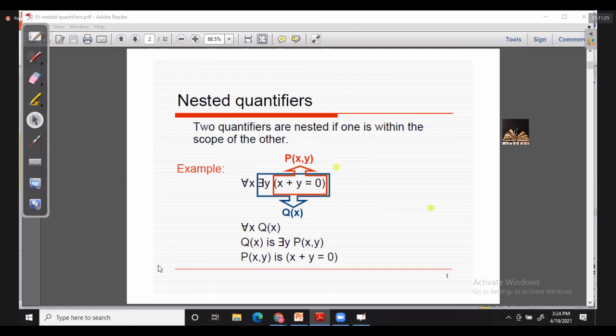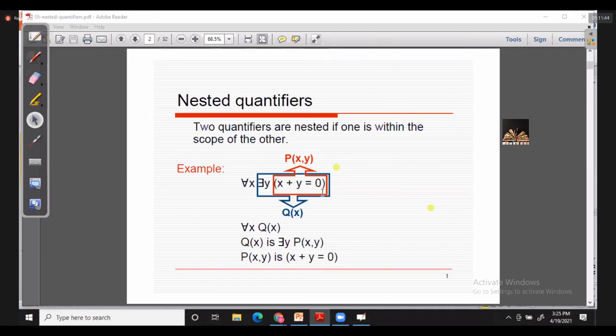Okay, nested quantifier. The two quantifiers are nested if one is within the scope of the other. Here, see the statement: for all x, there exists y, x plus y equal to 0.